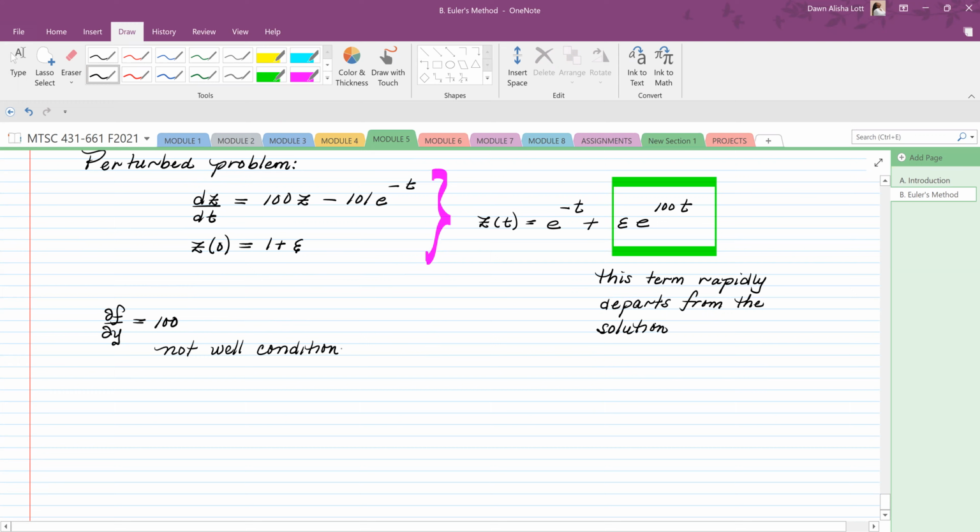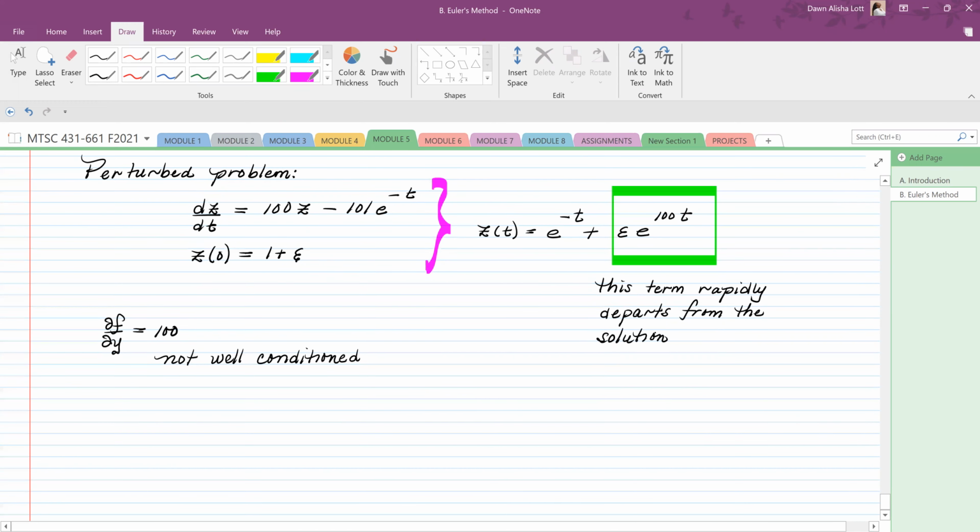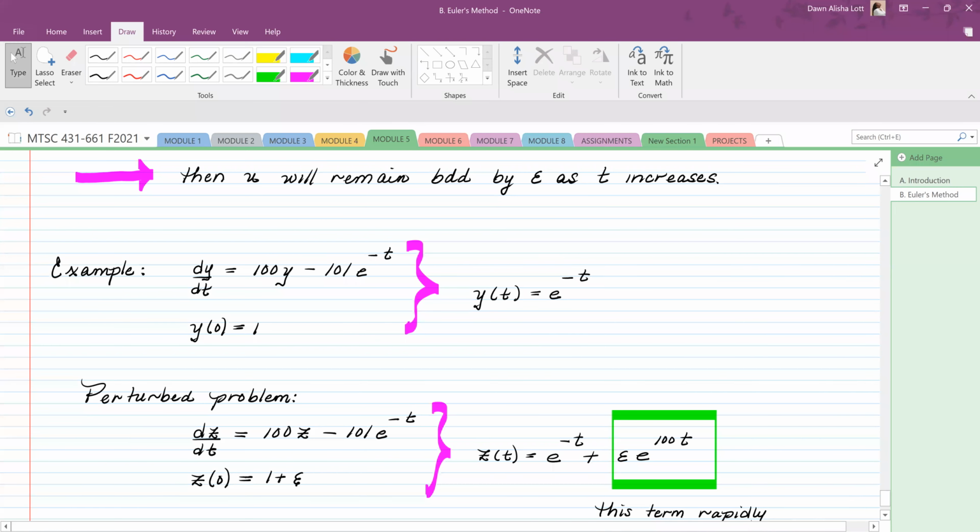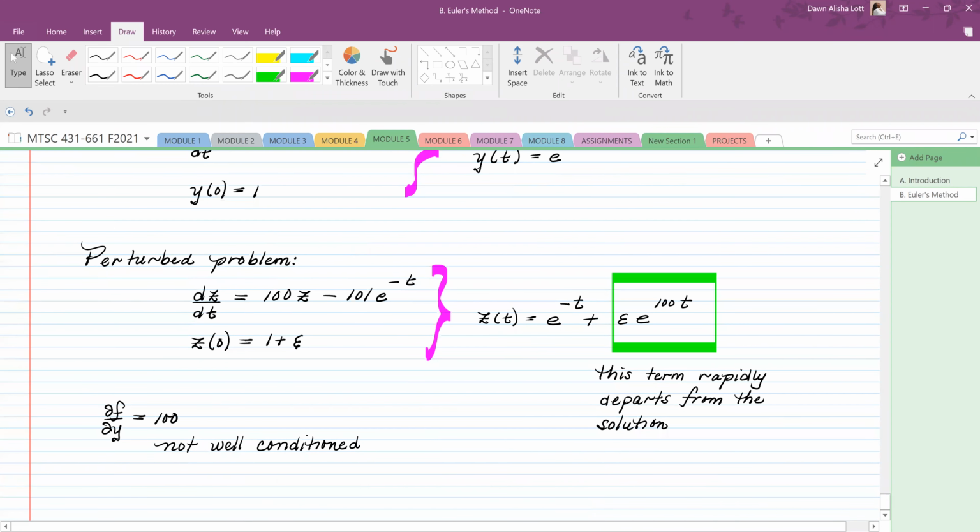So even though the original problem gave us a very nice stable solution, e to the negative t dies out beautifully, this one has the part that dies off, but it has a very bad growing part that came from just making this like 1.01. That little change causes the solution to grow up.